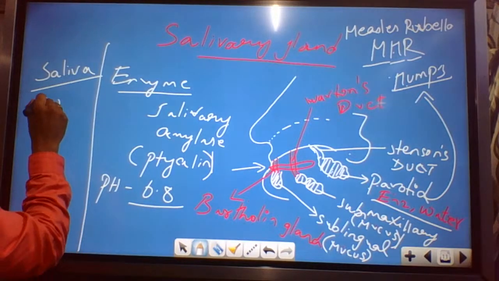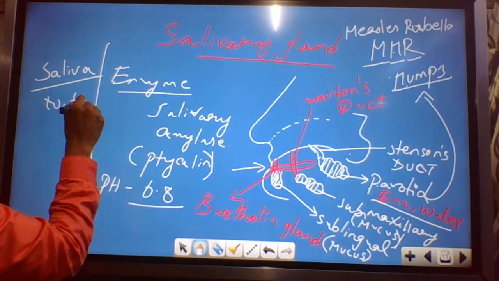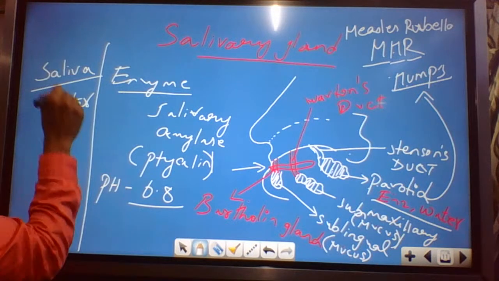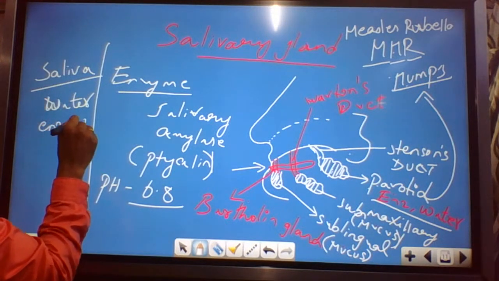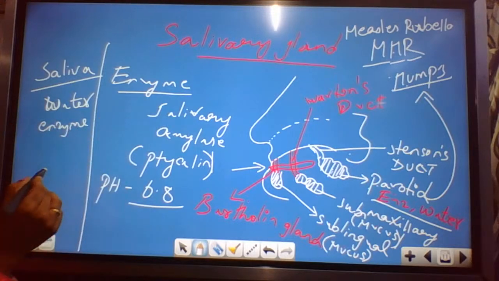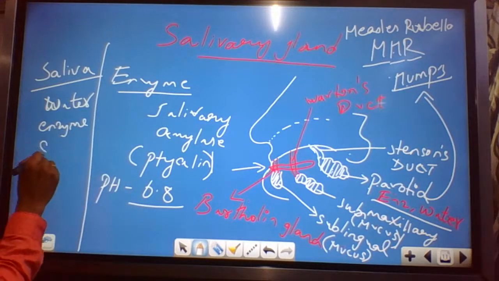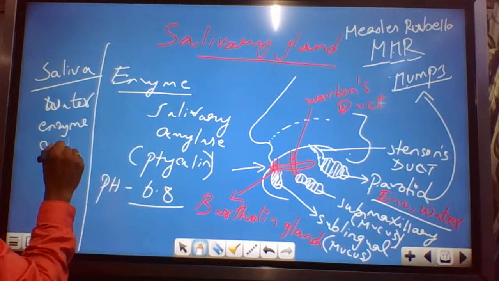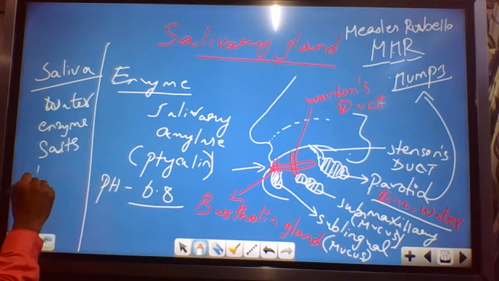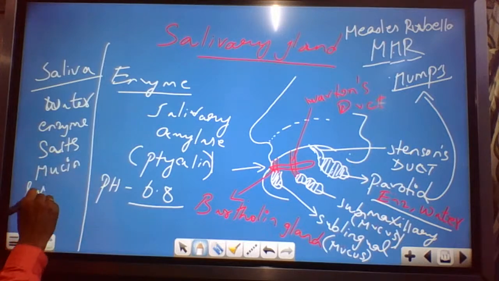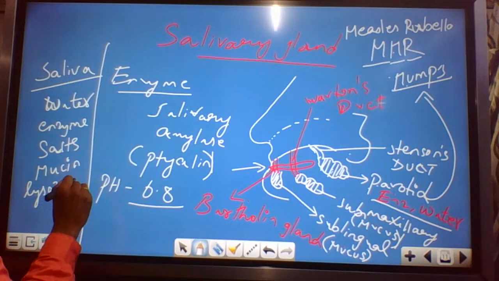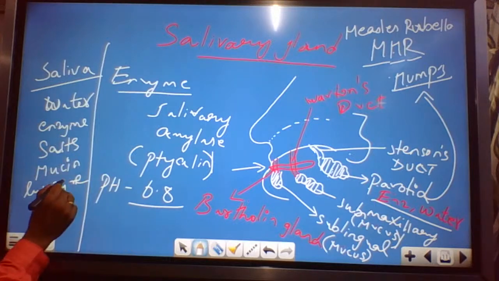But salivary amylase மட்டும் தான் இருக்குமா? It also consists of water, the majority. It consists of the enzyme salivary amylase, and also salts, mucin, and lysozyme.